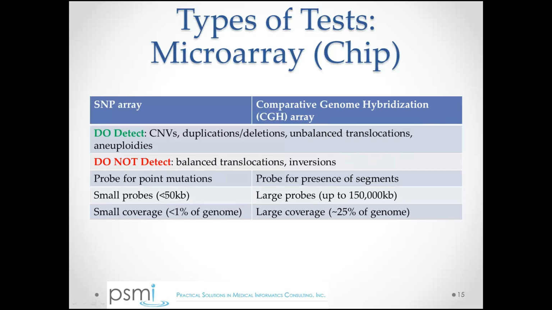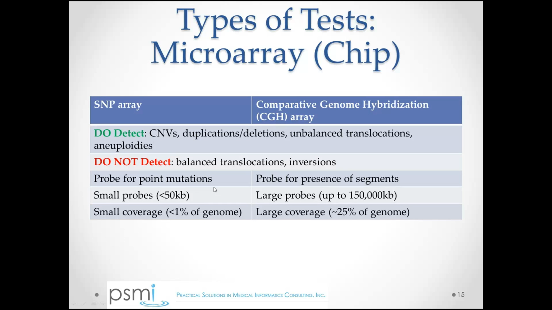Even when you're looking for point mutations, however, you can glean whether or not there are duplications or deletions, and it's kind of interesting the way that you would infer that. But imagine, if you will, a large segment of DNA where all you see is complete homozygosity.